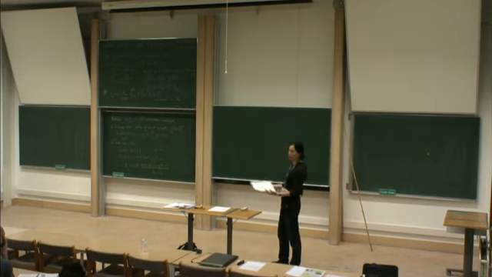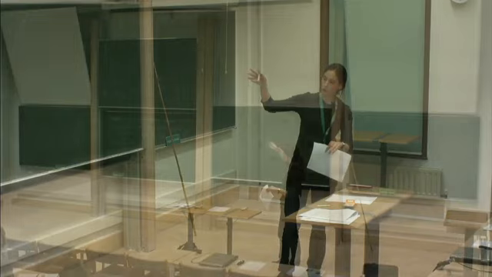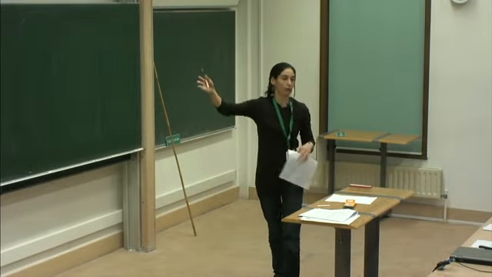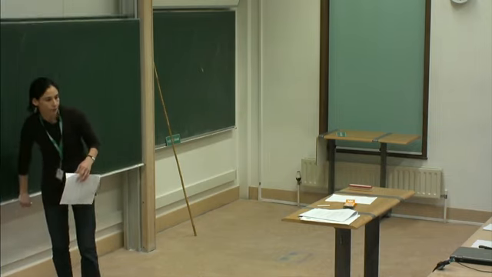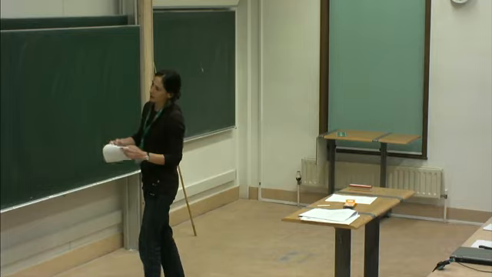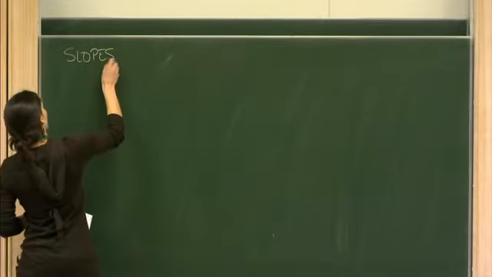And then this number associated to a link, this slope, is just evaluating this function in a particular vector. Okay, so let me start little by little. So slopes and colored links.